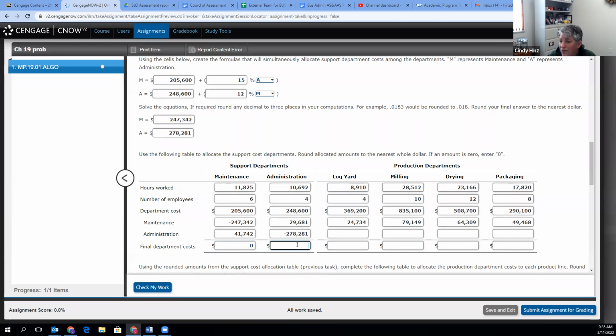There's no cost left in the maintenance, no cost left in the administrative department, but each one of the production departments will have its direct costs plus the allocations from the 2 support departments. And so it's going to be the same total cost, but all of the costs from maintenance and all of the cost for administration has been moved over onto those production departments. And I'm going to pause the recording to allow you to fill in the rest of that table.